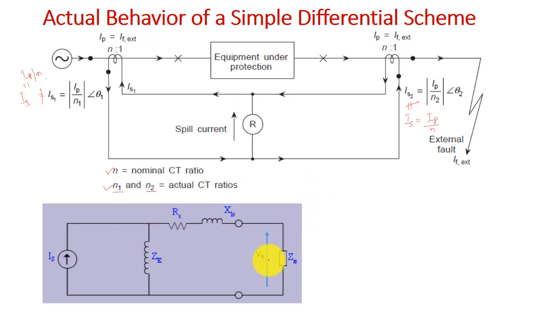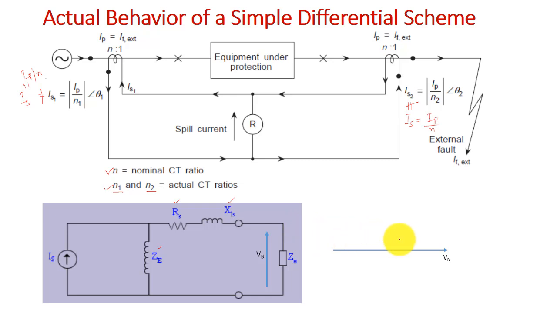This equivalent circuit has RS and XLS, the secondary side resistance and leakage reactance, and ZD, which is the magnetizing impedance, and we already talked about why the primary side resistance and reactance are neglected, right.